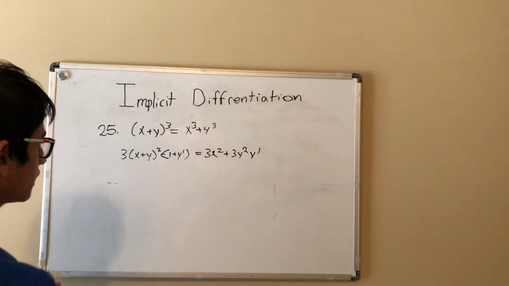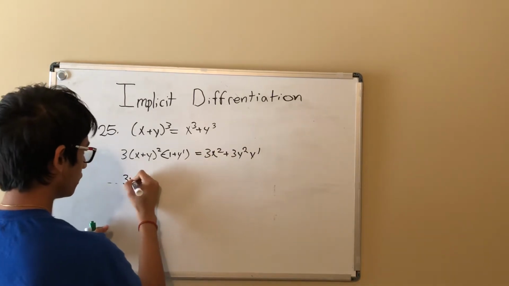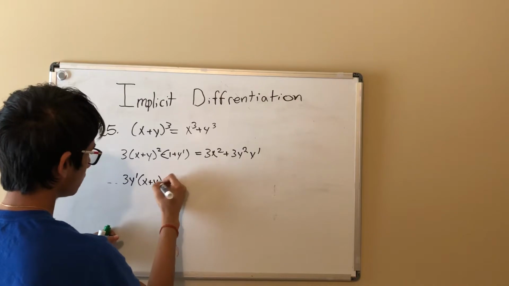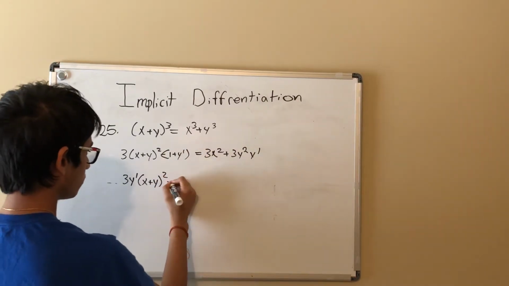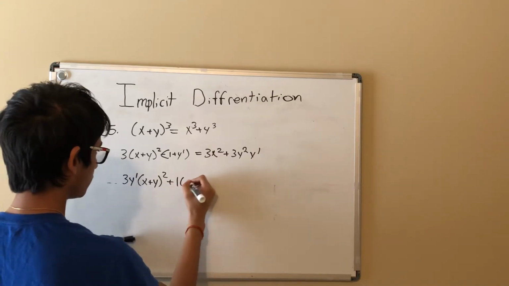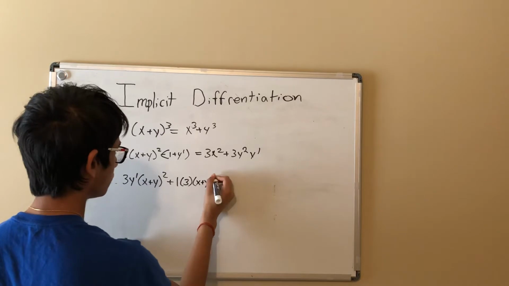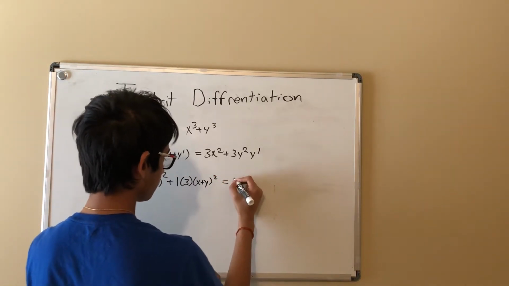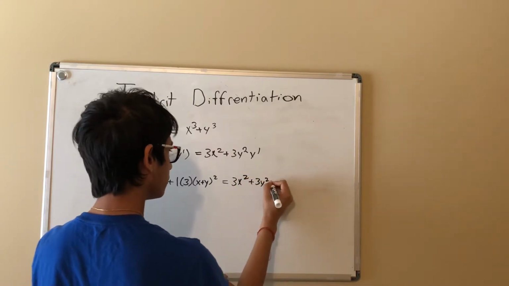And now subtract. So this is the same as 3y prime times (x plus y) squared plus 1 times 3 times (x plus y) squared equals 3x squared plus 3y squared y prime.